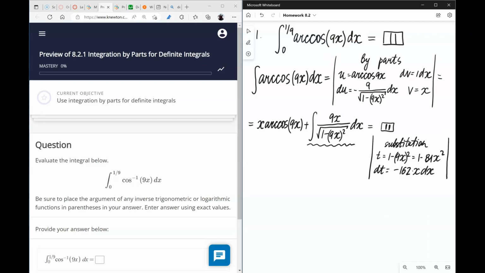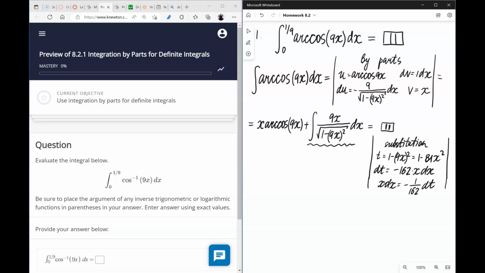So this is my substitution. So everything that I'm writing here only applies to this integral. So we have now, I guess it's worth saying that x dx will be negative 1 over 162 dt.